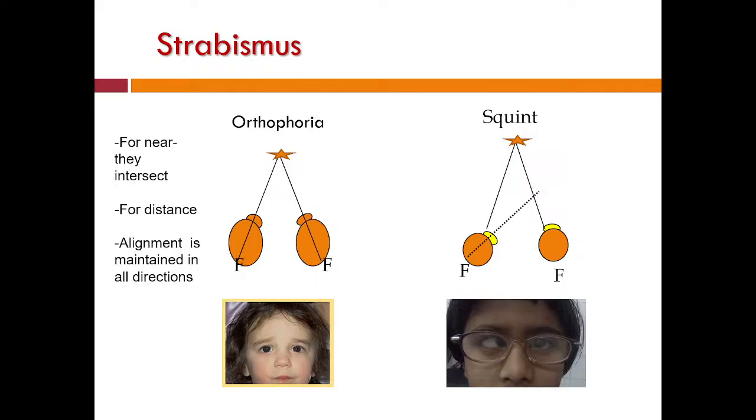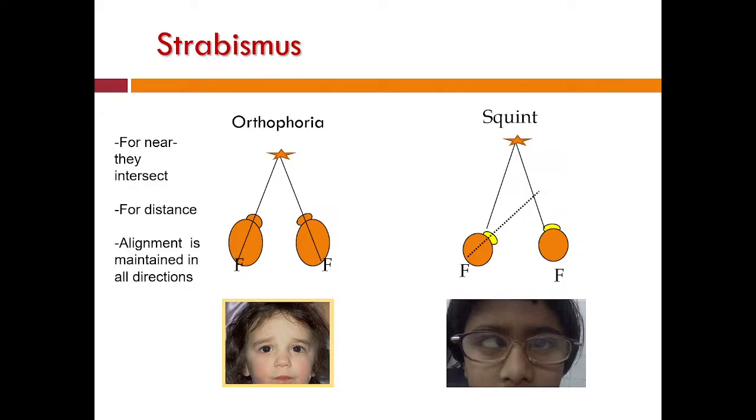So this is the object of fixation. It is falling on the fovea, here falling on the fovea. So this is orthophoric. But again in this case you see this eye is, what is the type of deviation here? Eso deviation. Okay, so the eye is convergent. So image is not falling on the fovea because now the fovea has shifted temporally.